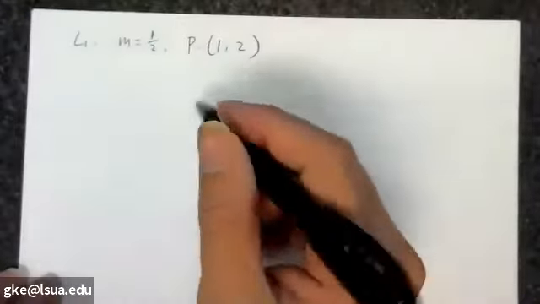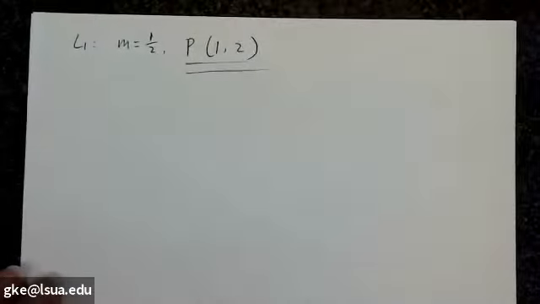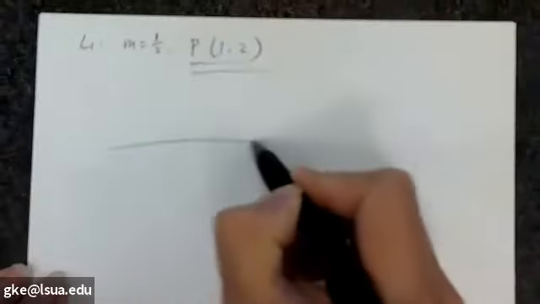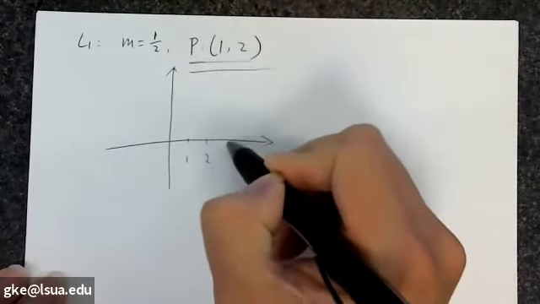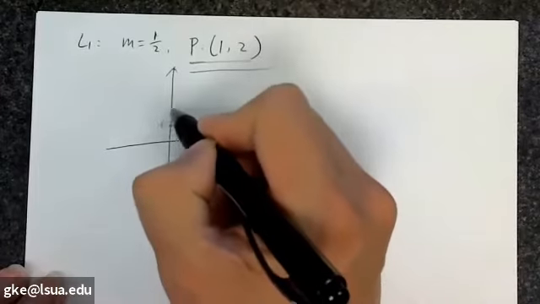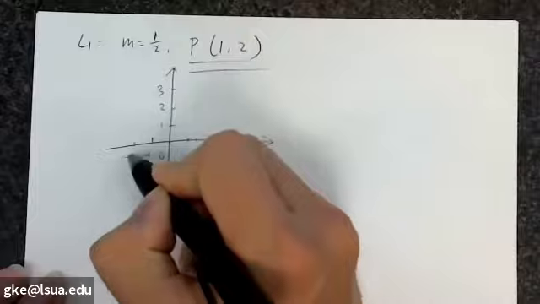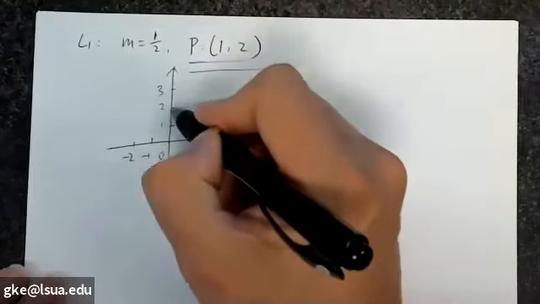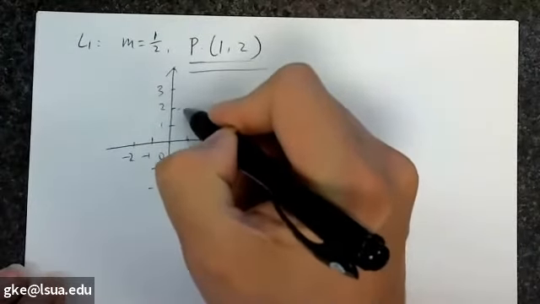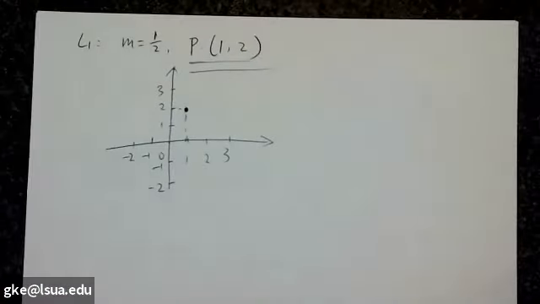The first thing, you should draw a point. That's very straightforward. You should draw the point 1, 2.